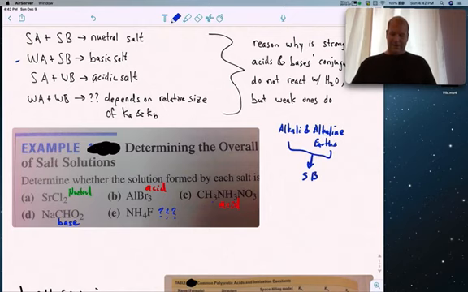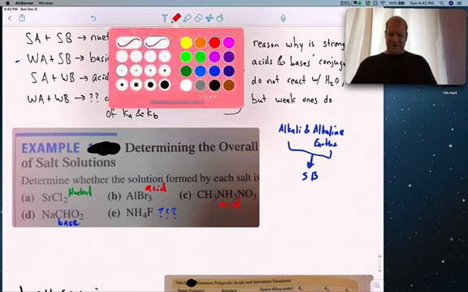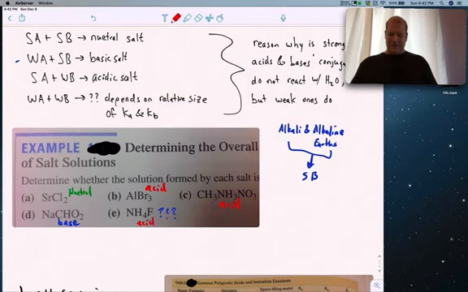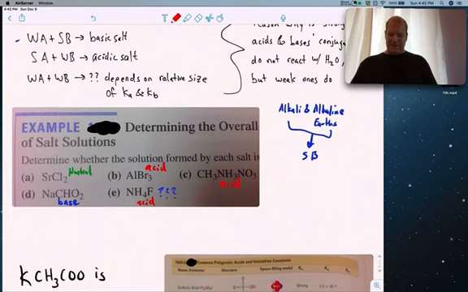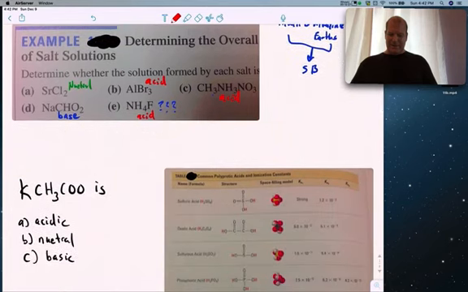You can't just look at this and know it. It turns out that HF is a stronger acid than NH4 plus, so this one happens to be acidic. You have to look at the relative size of Ka and Kb. Ka for HF is bigger than Kb for NH3, but you'd have to look that up.